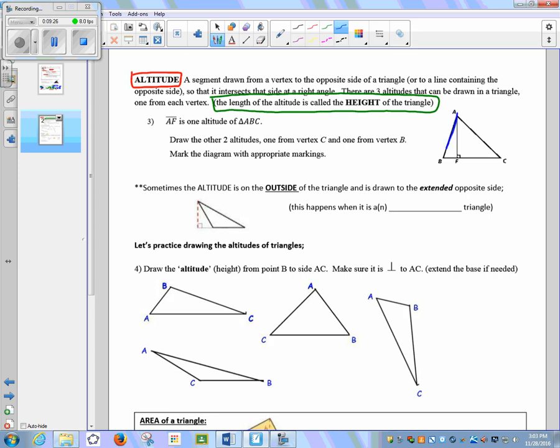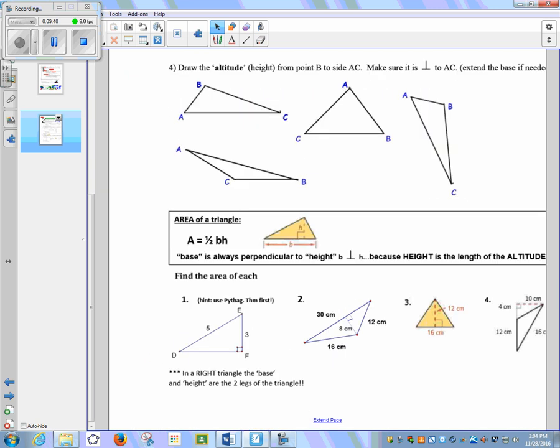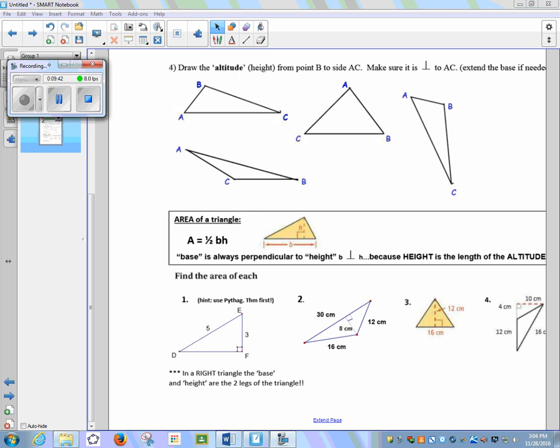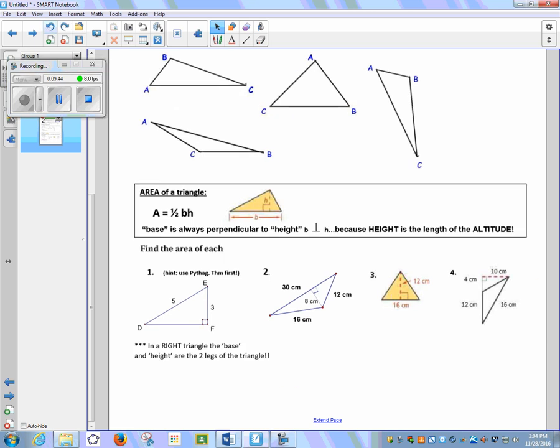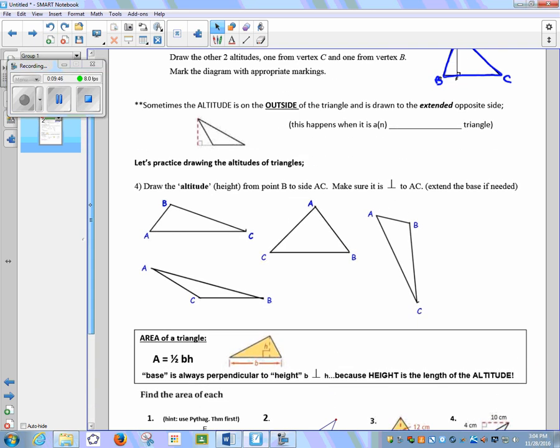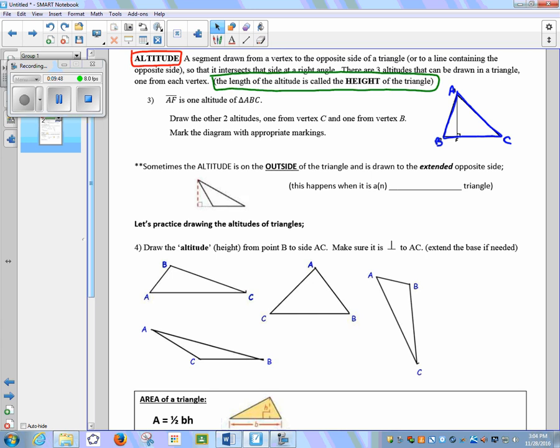So if I trace this, it's A and B and C. Now I'm really losing it, I'm trying to rotate this. There we go. If I rotate this, now I've got AC along the bottom.